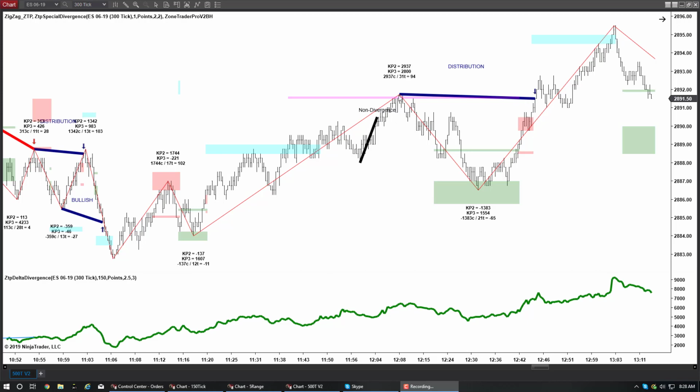And as I've stated in my other videos, and this is illustrative of that point, I don't know where a strong trend is going to stop. So if we receive a counter trend signal while in a strong trend, this is something that we definitely want to ignore.